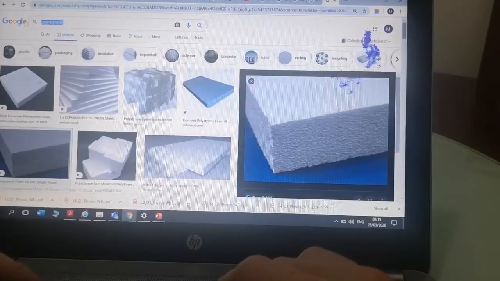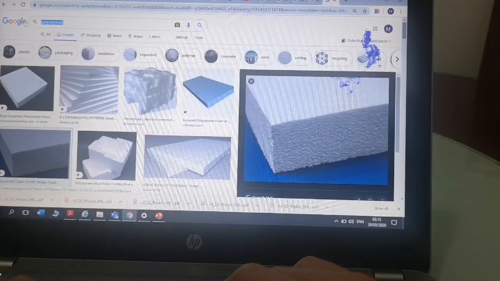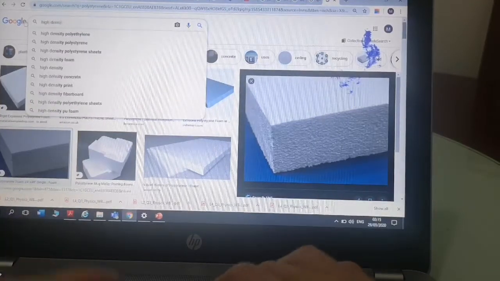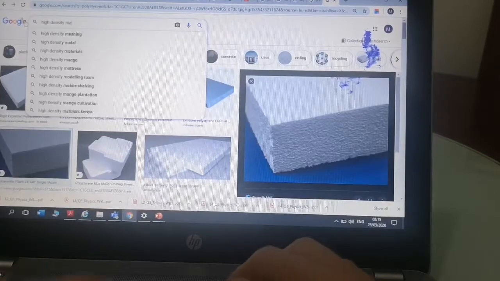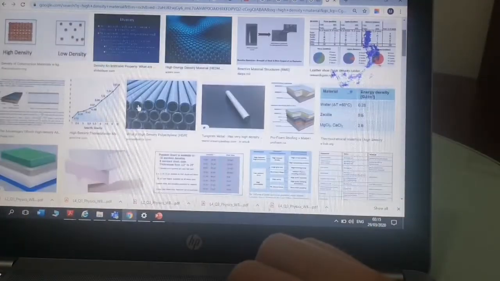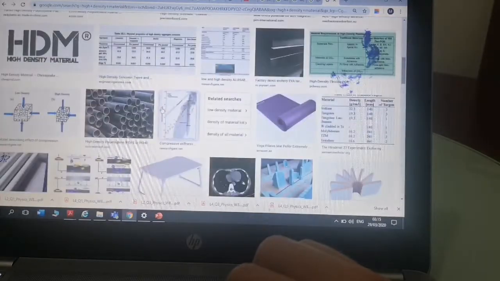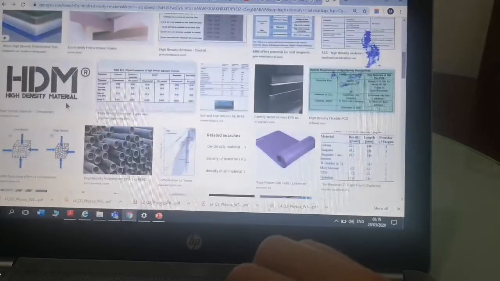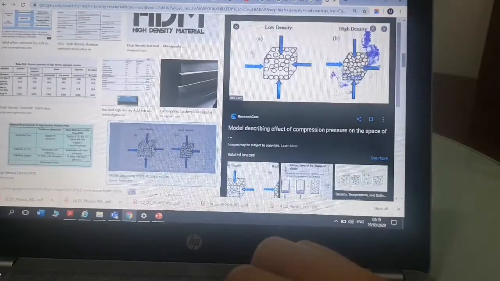Let's think of a very, very high density. I could just write high density material. Just see what Google Images shows. It's showing some metal here, I think. Here's a nice picture to show the difference. Metal usually has a high density.